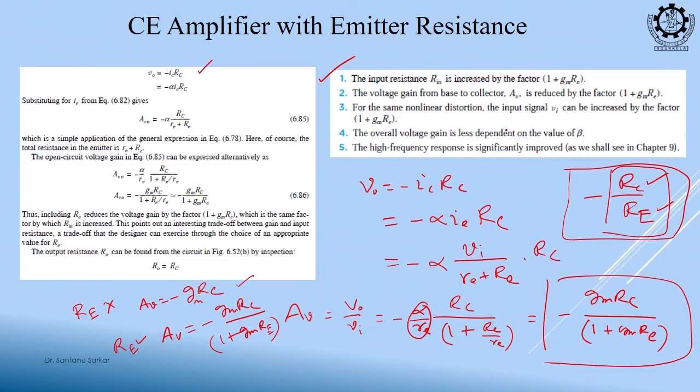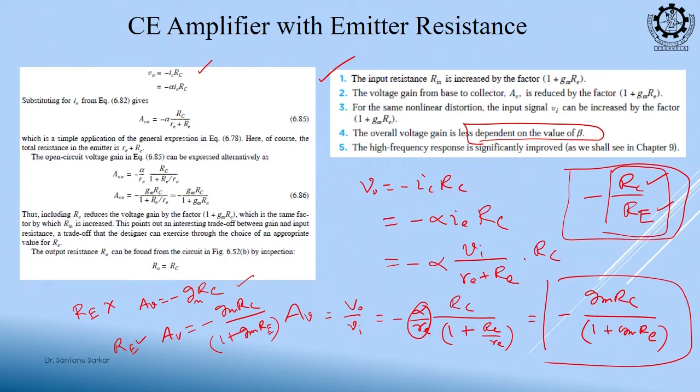So, your dependency on beta is decreasing. In the previous circuit you do not have any control on beta, right. But using just a small resistance at the emitter terminal, now you see your gain is independent of beta variation.